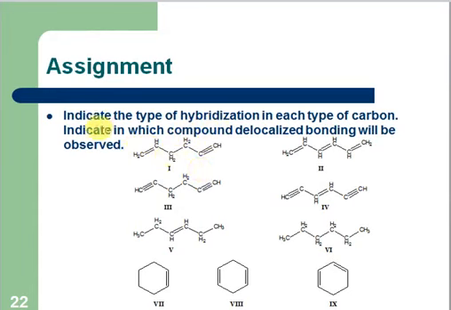Second, you have to indicate which of these compounds have delocalized bonding. So these are the two questions you have to answer for these structures: the hybridization of each carbon, and which of the compounds show delocalization of electrons, that is, delocalized bonding.